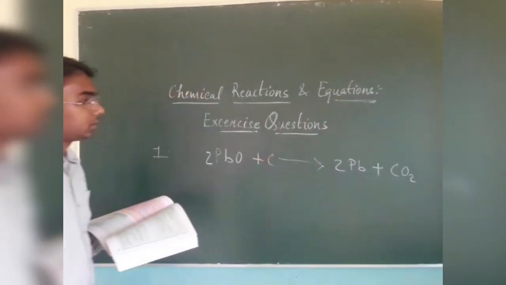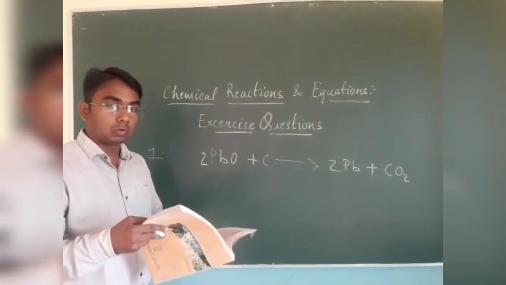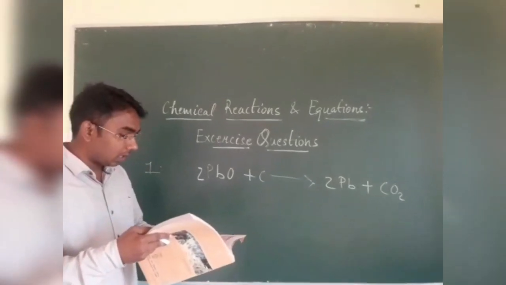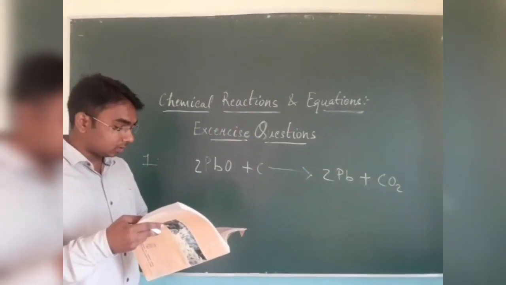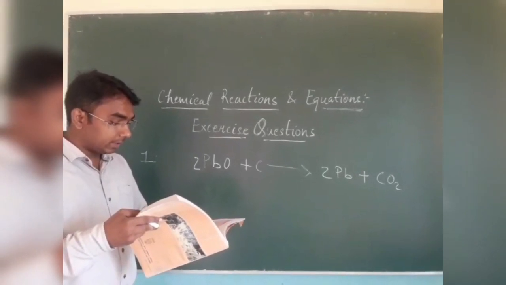Now we have to select the incorrect options. A few options are given below: lead is getting reduced, carbon dioxide is getting oxidized, carbon is getting oxidized, and lastly lead oxide is getting reduced.